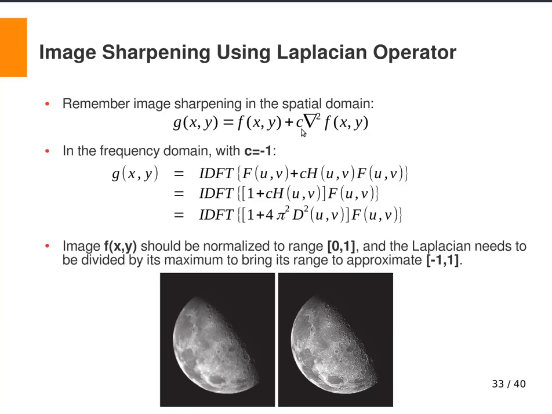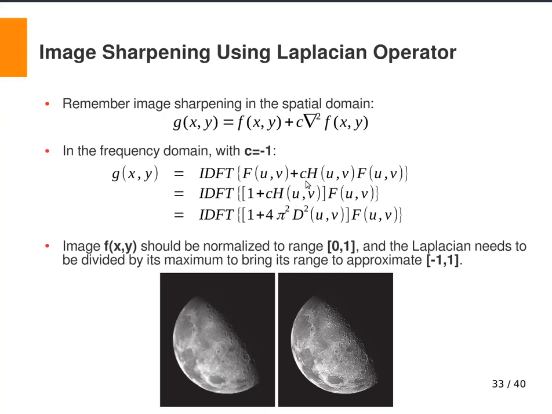So if we choose the coefficient c properly, the result of this summation is basically the original image with additional information with regard to edges and sharp transitions. In the frequency domain, we can represent this as g of x and y equals the inverse discrete Fourier transform of the Fourier transform of the original image plus c h of u and v multiplied by f of u and v.